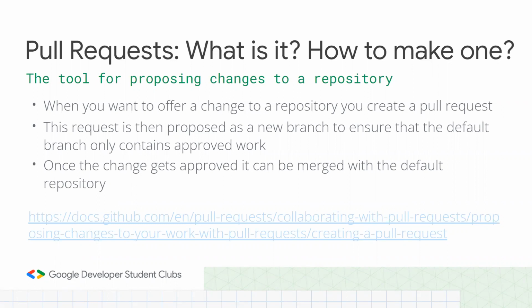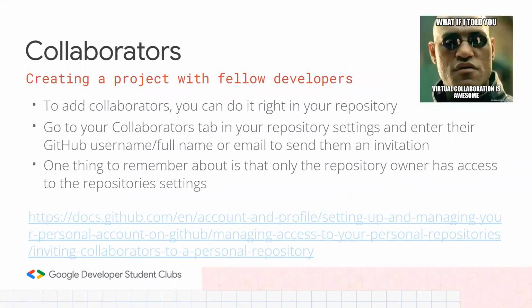This branch is something that the owner of the repository will have to look over and decide whether to accept into its main branch or to leave it on the side and just not approve it. Only once the change gets approved, branch 1 will actually get merged into main and just become the main branch once again. And branch 1 won't exist anymore.